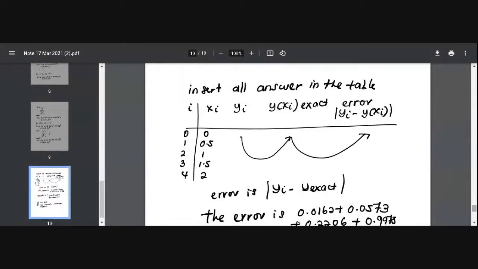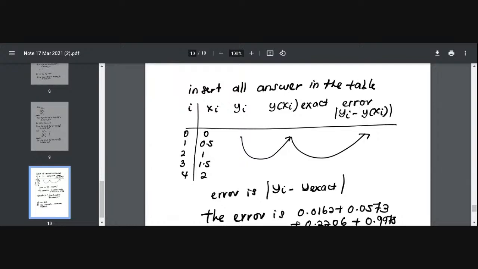So you can see here, as i is given in the question, you generate from 0 to 2, you have 4 points here, and then yi you get from the Taylor series order 3, and the exact solution is given in the question. You list all the exact solutions and Taylor series values using the same grid, and then get the error.